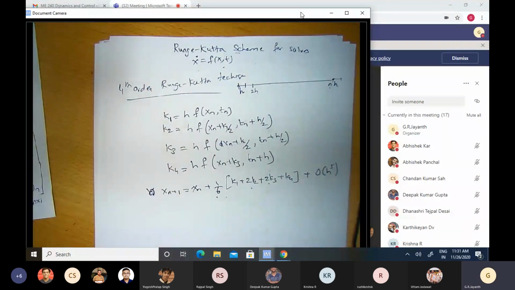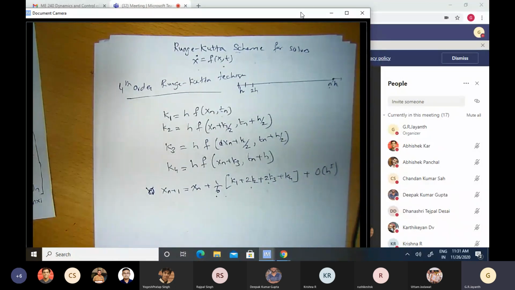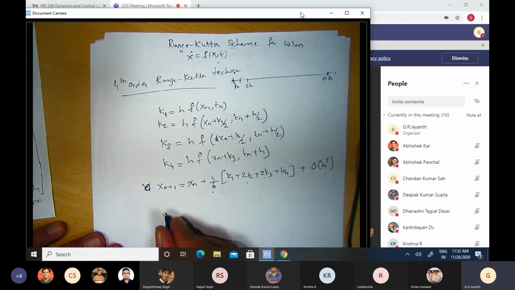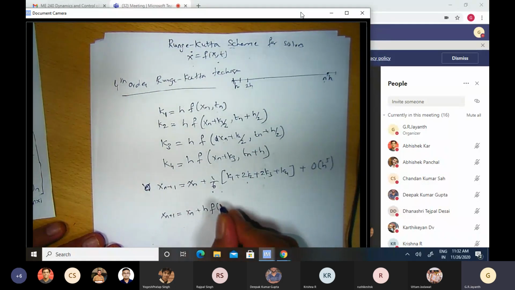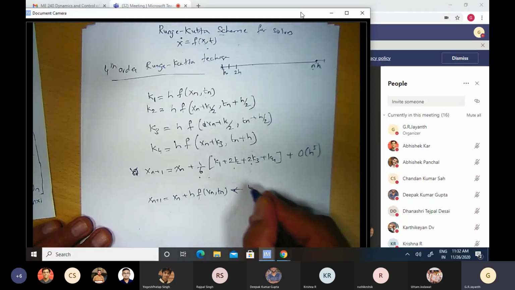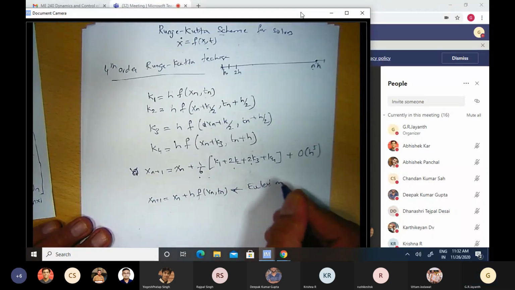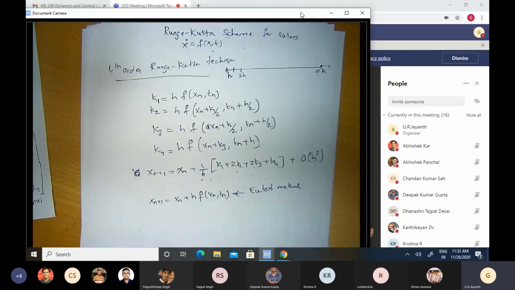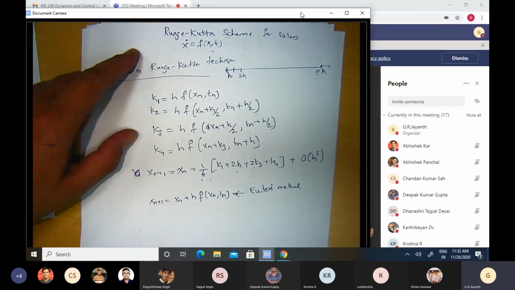Okay, you have second order techniques, you have the first order technique also. In the first order technique, you just have xn plus 1 is equal to xn plus h times f of xn comma tn. Okay, this is also called Euler's technique, Euler's method. And in the most simple case, namely for the first order, Runge-Kutta's first order method simply reduces to Euler method.